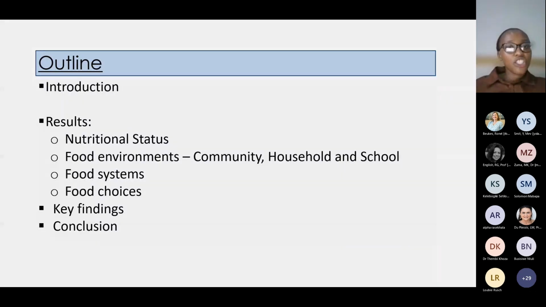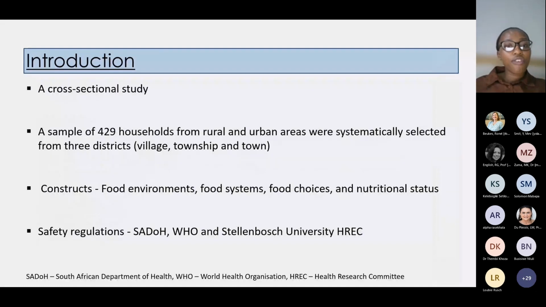So this was a cross-sectional study wherein we were investigating how food environments and food systems influence food choices and nutrition transition in Limpopo province. And for us to be able to do that, 429 households from the 3 districts in Limpopo province, which are Mopani, Capricorn, and Bembe district, were systematically selected.